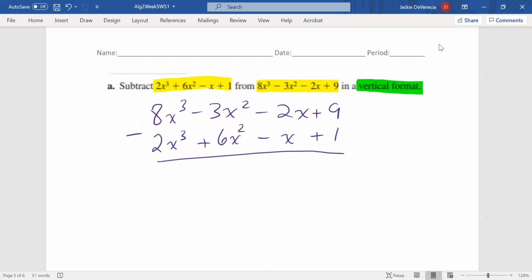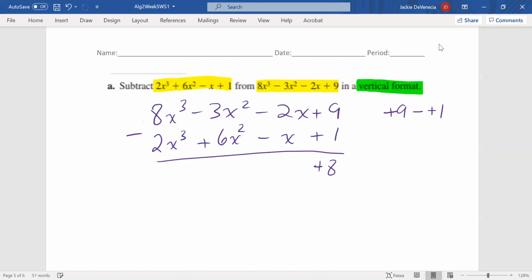All of my like terms are lined up, and then I can go ahead and start subtracting. So I'm going to start here at the end. I'm doing a positive 9 minus a positive 1, and 9 minus 1 is a positive 8.